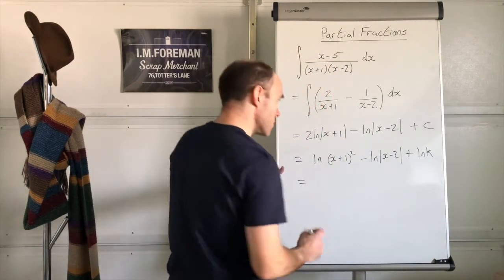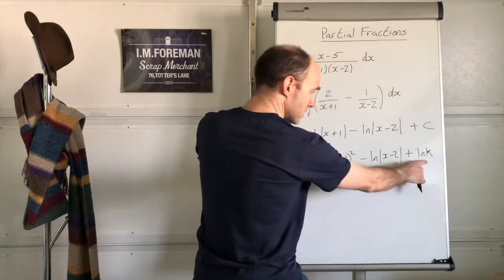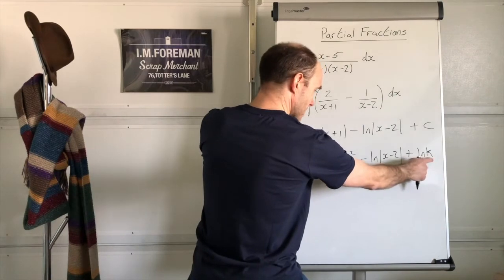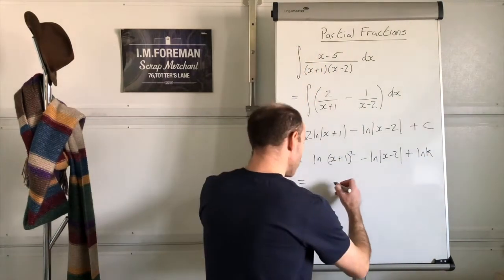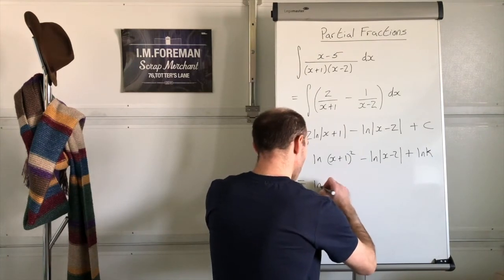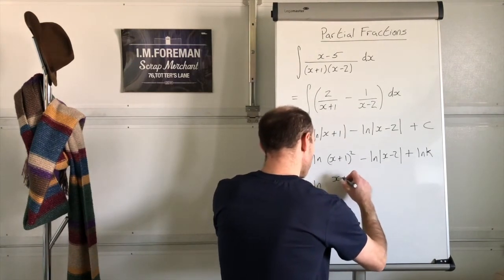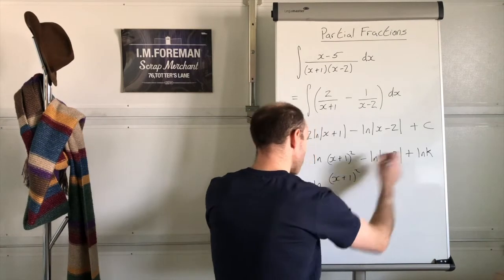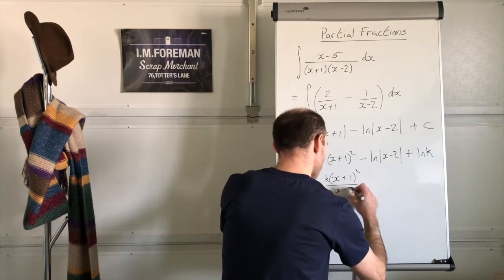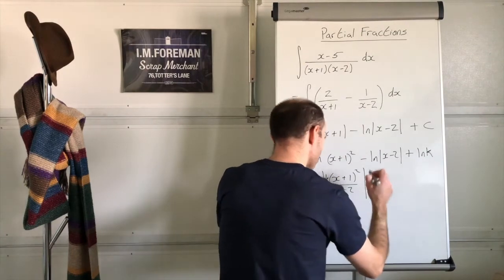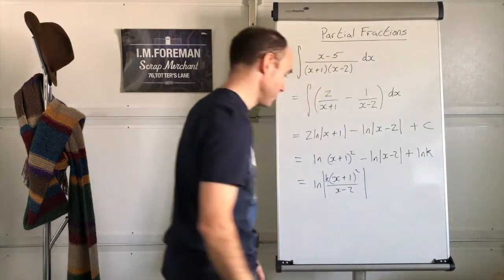The multiplication rule for this and this, because you're adding them, so it's k times that. And then the division rule, because you're subtracting this. So we have natural log of x plus 1 squared multiplied by k, over x minus 2, and we'll put the modulus brackets in like that.